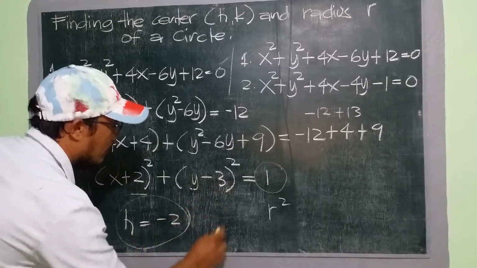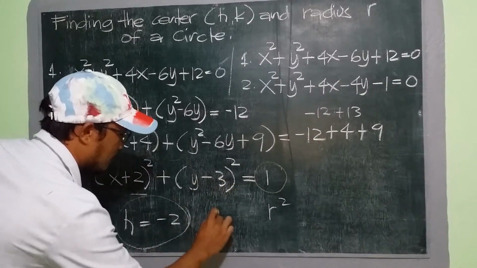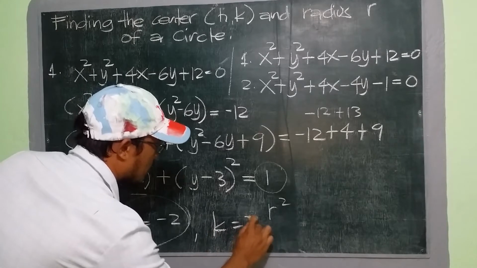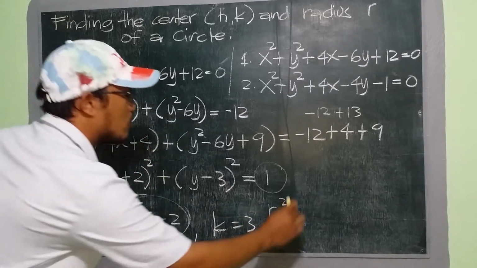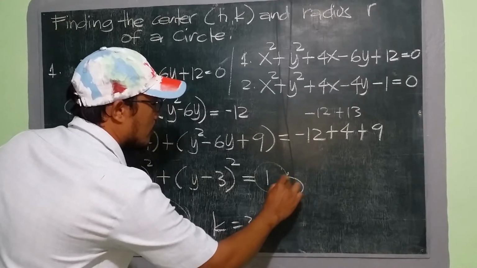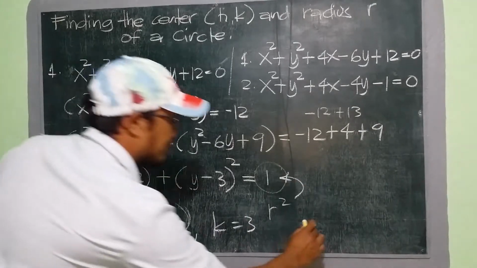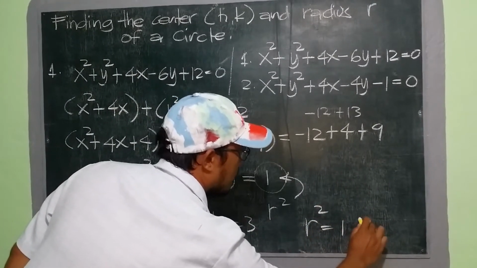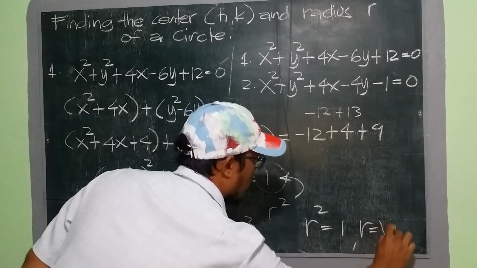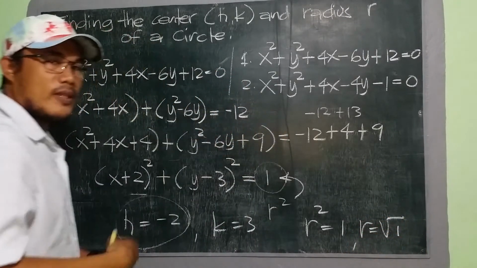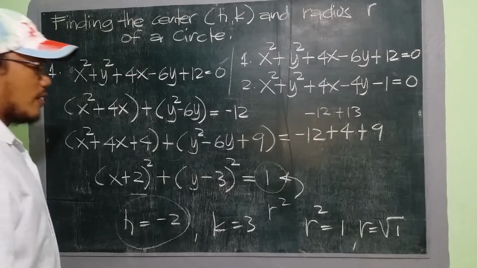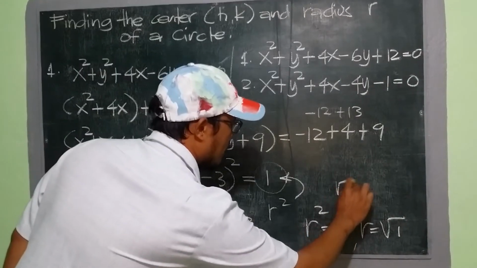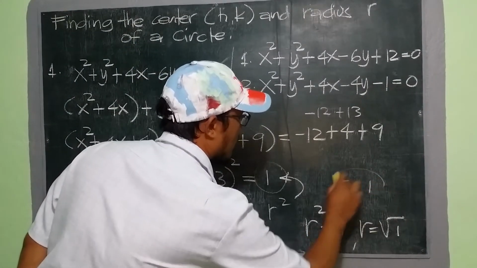And our k here is equal to positive 3. How about our radius, which is r squared? So r squared is equal to 1. So r is equal to the square root of 1, which is 1. Therefore, our radius is equal to 1.